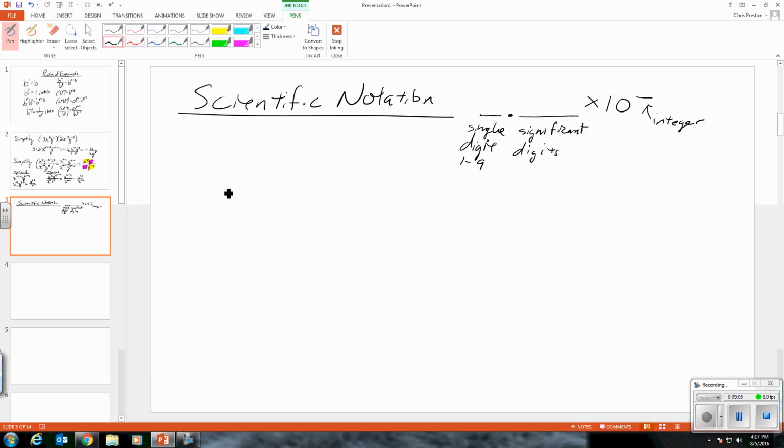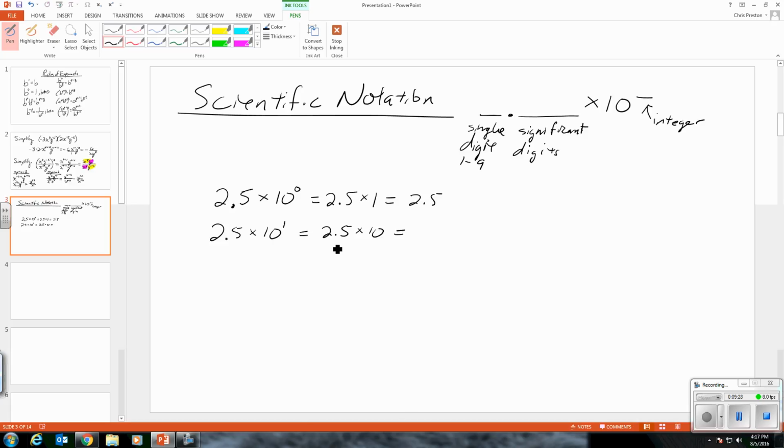So let's see how this works. The idea here is, let's say I have 2.5, and I'm going to multiply that by 10 to the 0. Well, 10 to the 0 is really just 1. So this is 2.5. Now let's say I take 2.5 times 10 to the 1st. Well, 10 to the 1st is 10.